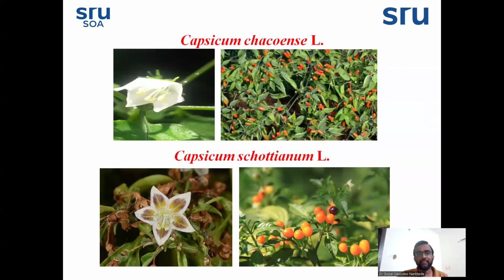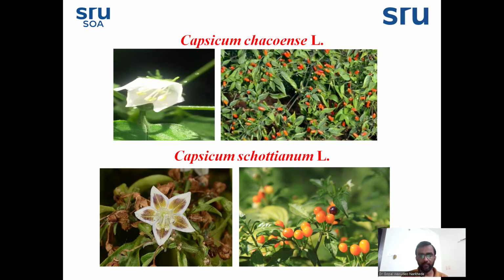The next is Capsicum chacoense. And next, Capsicum scotianum. In Capsicum scotianum, you can see the difference in flower. On the corolla, some patches are there. And look at this fruit.